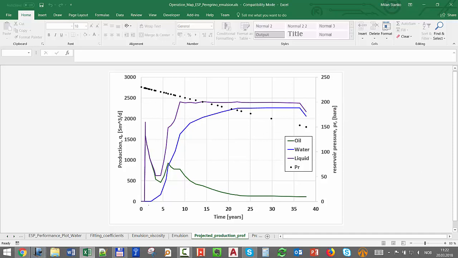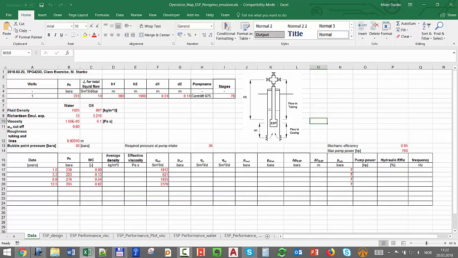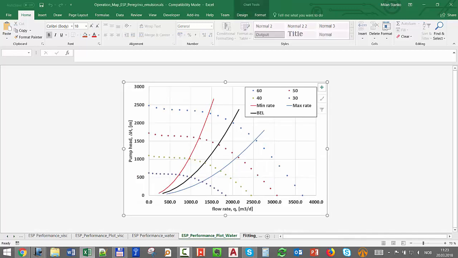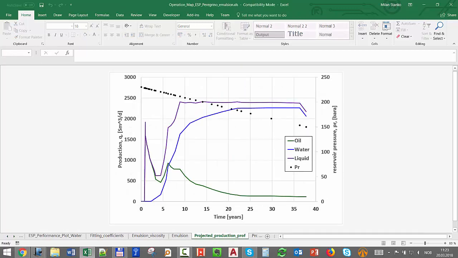So we are just going to look. Please verify: the manufacturer has selected a design, an ESP, and please check if you can use it to produce the rates that we want for year 1, 3.3, 6.8, and 12.5. I took 3 points from this plot here.